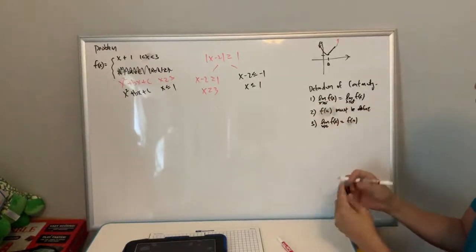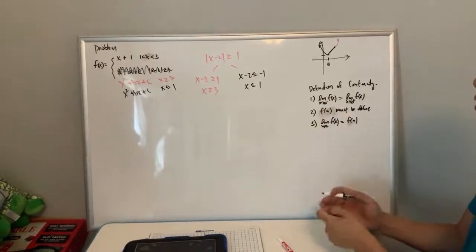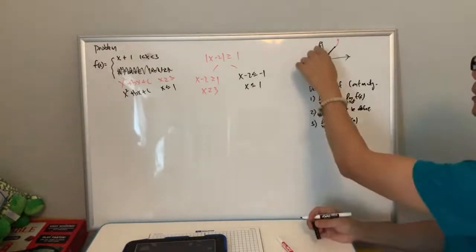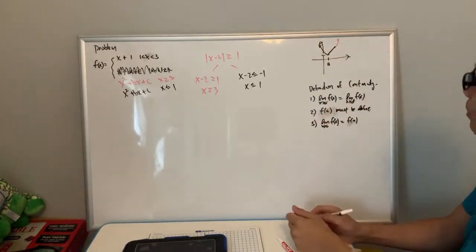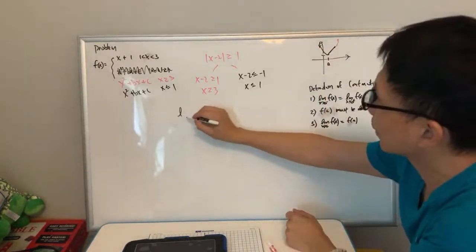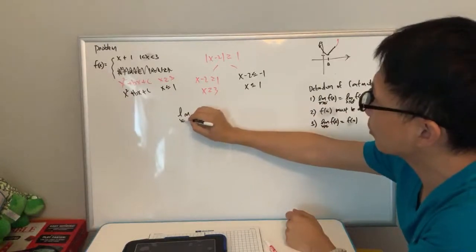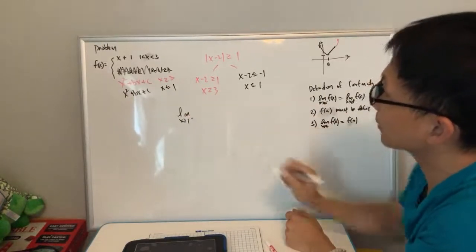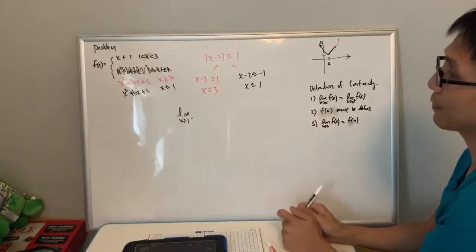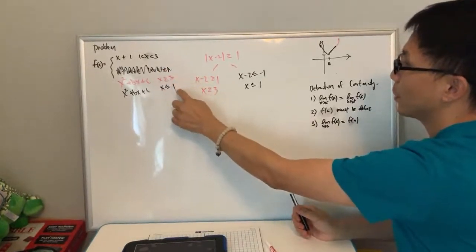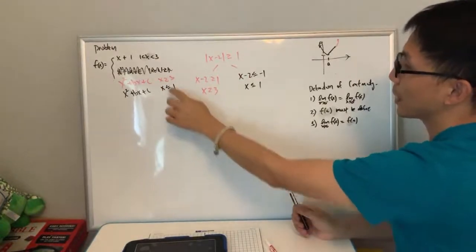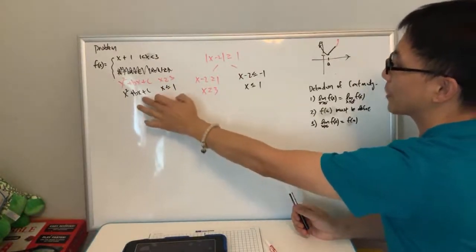So we're going to use something called one-sided limits. We approach this side and plug in the correct equation. I'm going to take the limit as x approaches 1 from the left side. Which equation will I be using, the first one, the second one, or the third one? Well, 1 from the left side means less than 1, so it has to be this function.